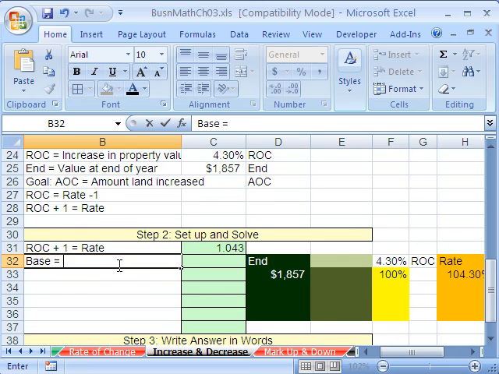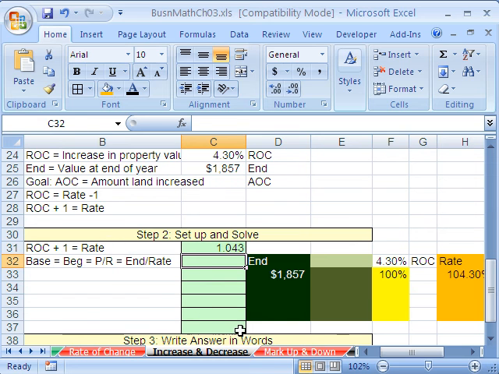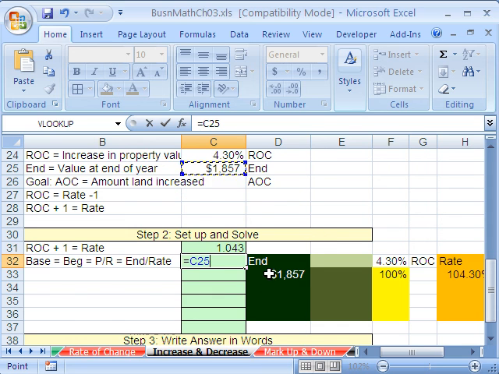So base equals begin equals, and we have an associated part, P divided by our R. Or in our case, it's N. Remember, N can be part divided by our rate. And let's do that. Equals, and there's our end amount. We can take it from up there. We could actually take it from right here, too. But either one, that divided by our associated rate right there.